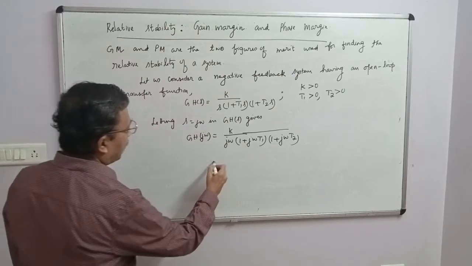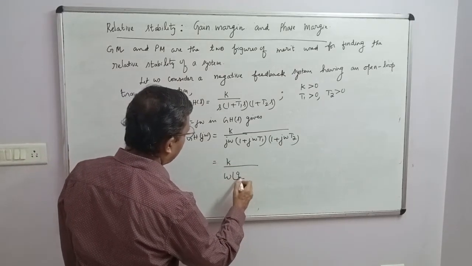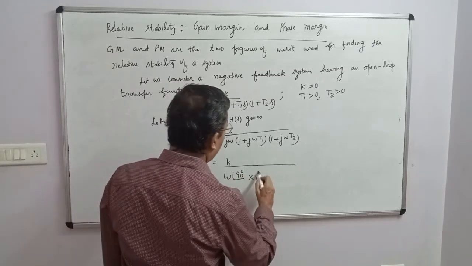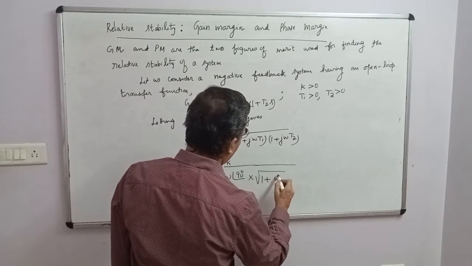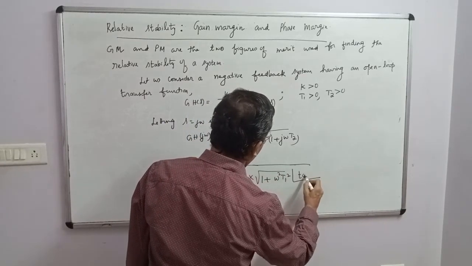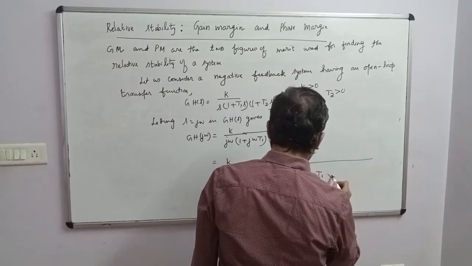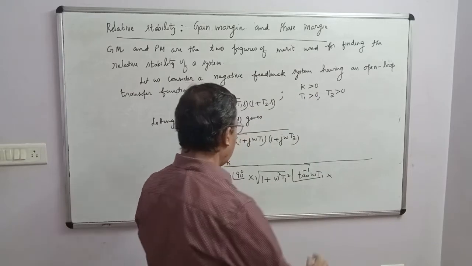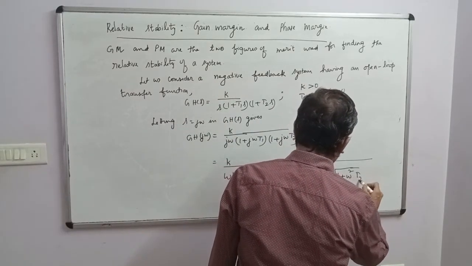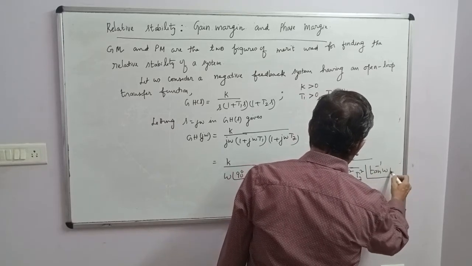This we can write as K divided by j omega, which means omega at an angle 90 degrees. 1 plus j omega T1 means square root of 1 plus omega square T1 square at an angle tan inverse of omega T1. 1 plus j omega T2 can be written as square root of 1 plus omega square T2 square at an angle tan inverse of omega T2.